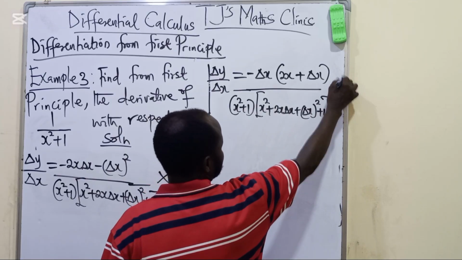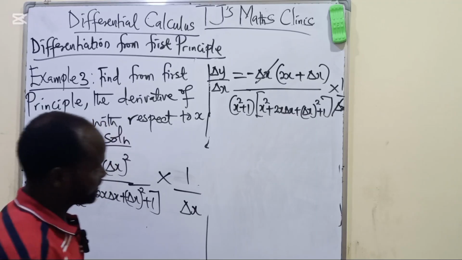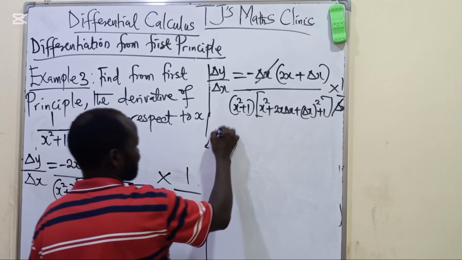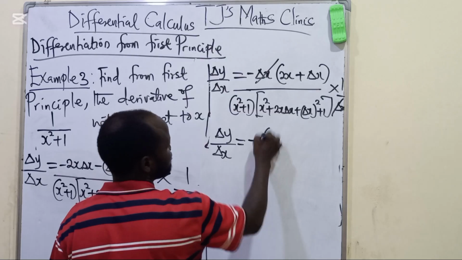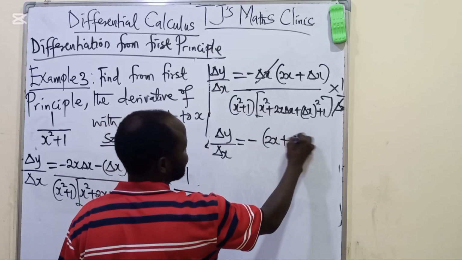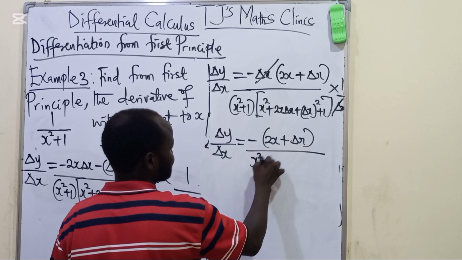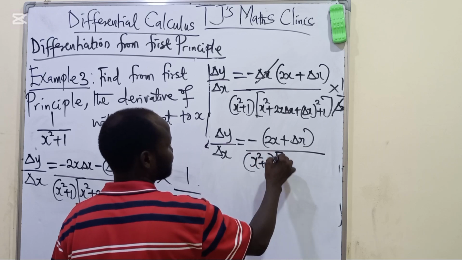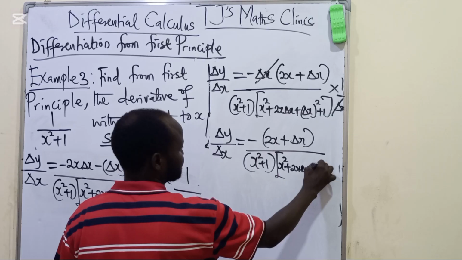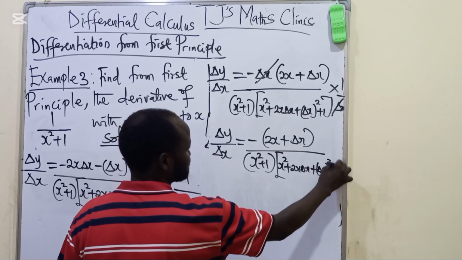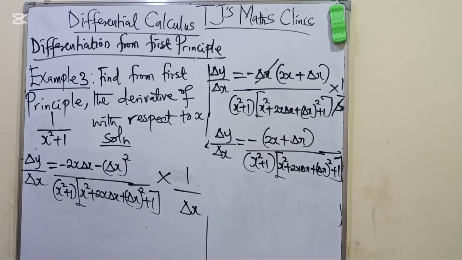We close it, multiplied by 1 divided by delta x, so that we can cancel and remove this. Very important. Changing y now with respect to changing x would be minus 2x plus delta x, divided by x squared plus 1, then we have x squared plus 2x delta x plus delta x all squared plus 1. We close the bracket. Very important.